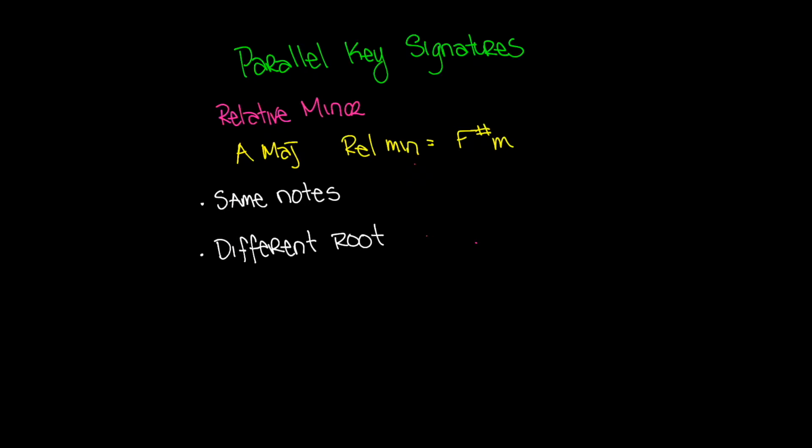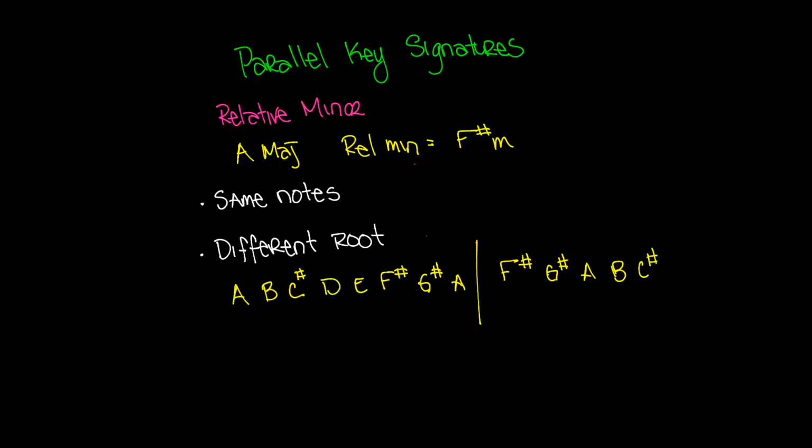If I took a look at those two scales, A major would be A, B, C sharp, D, E, F sharp, G sharp, and then back to A. F sharp minor would be F sharp, G sharp, A, B, C sharp, D, E, and then back to F sharp.